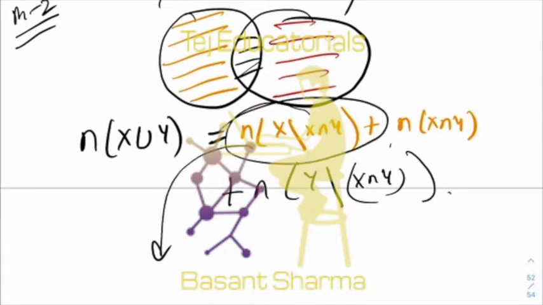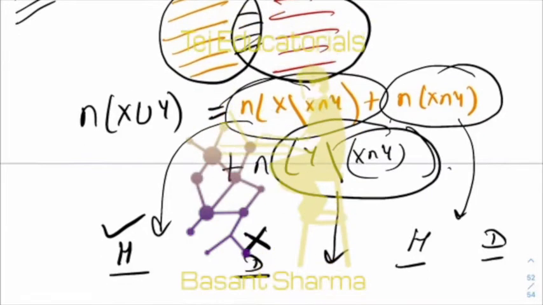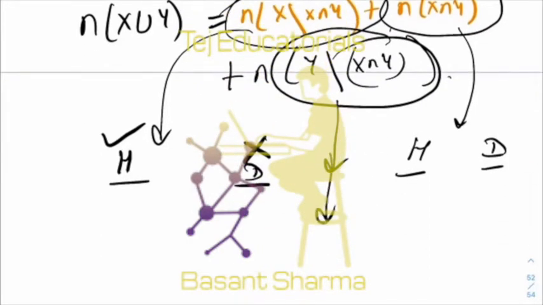These are all the words which start with H, but they don't end with D. And X intersection Y is all those words which start with H and end with D, whereas this set is all those words which don't start with H and they end with D.